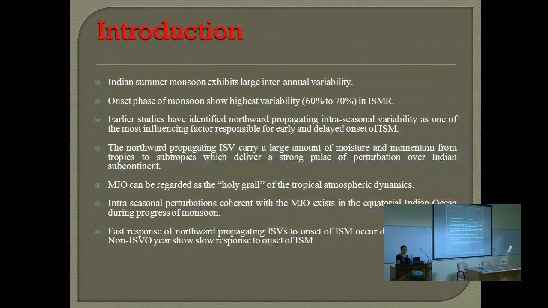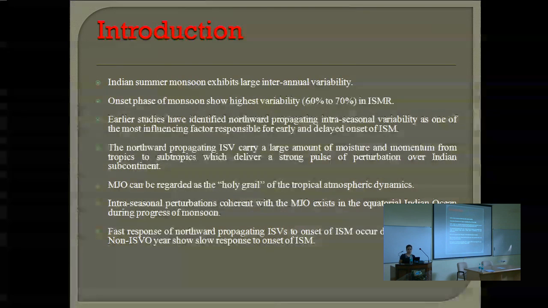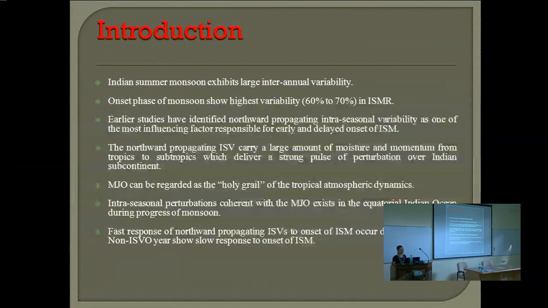Other studies have identified northward propagating intraseasonal variability as one of the most influencing factors responsible for early and delayed onset of Indian summer monsoon. The northward propagating intraseasonal variability carries a large amount of moisture and momentum from tropics to subtropics, which delivers a strong pulse of perturbation over the Indian subcontinent.